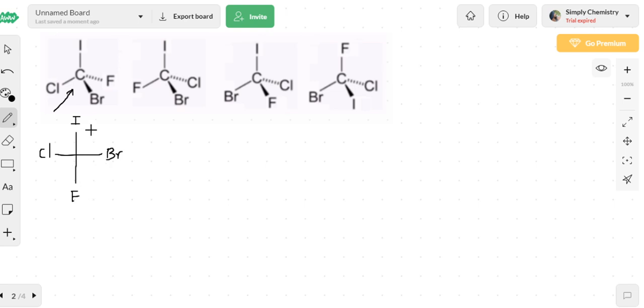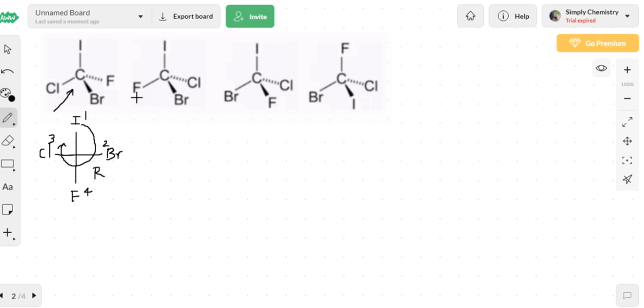So let us assign the numbers. So this is 1, 2, 3 and 4. So in this case, the least priority group is already at the bottom. So we're going to find out the configuration. So it is going along the clockwise direction. So the assigned configuration is R.